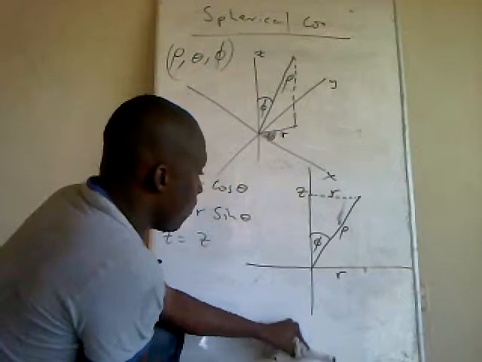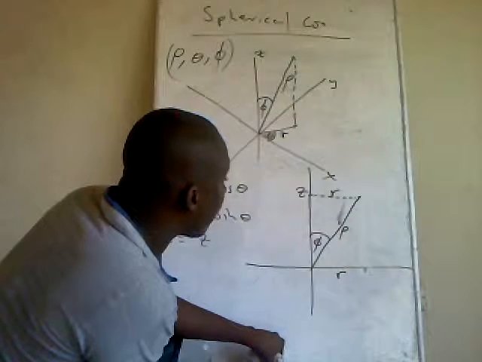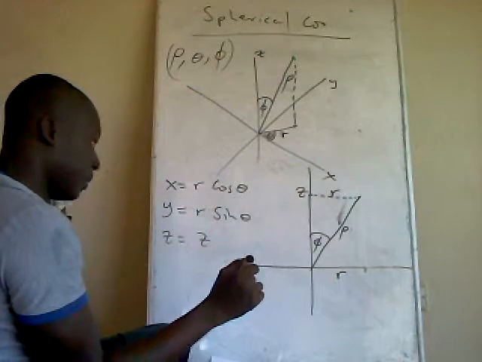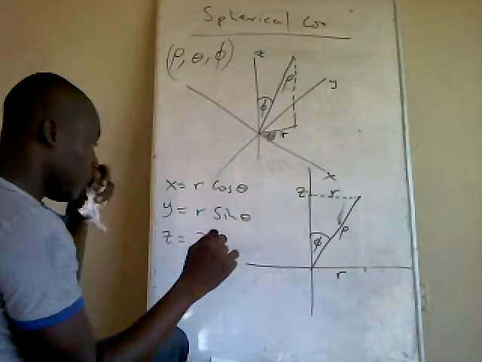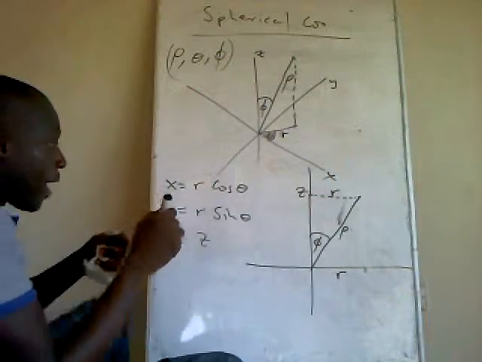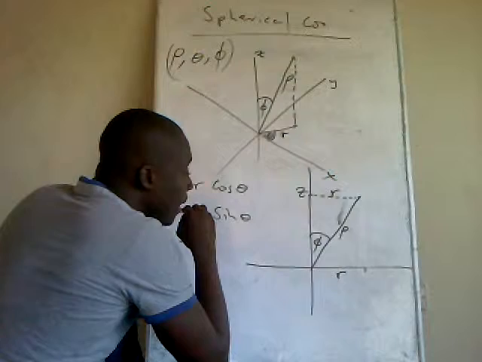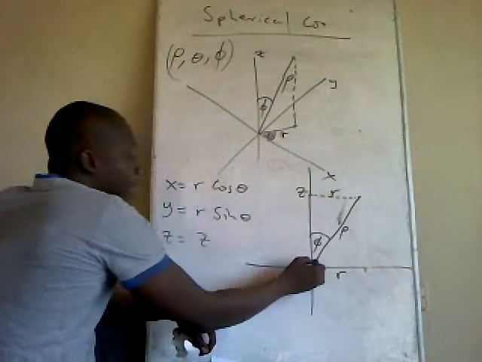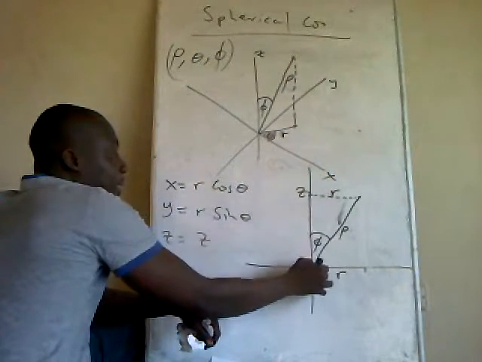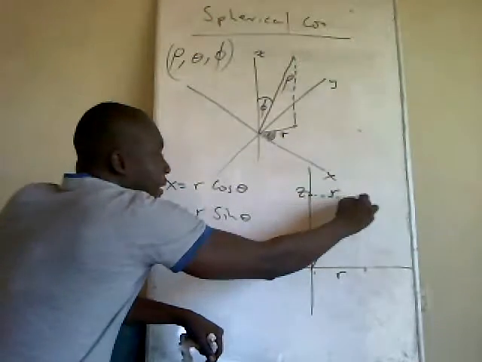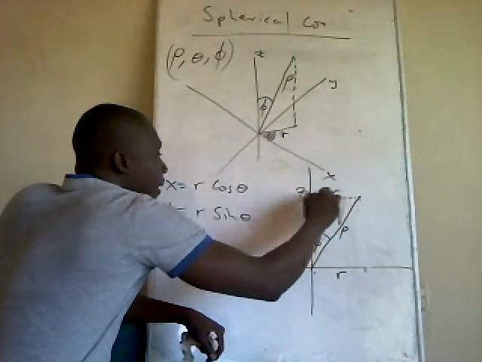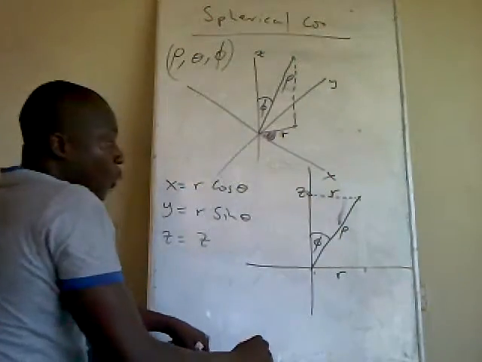Now, what can be said about this? Using SOHCAHTOA, this one here is my adjacent, and this here is my opposite.